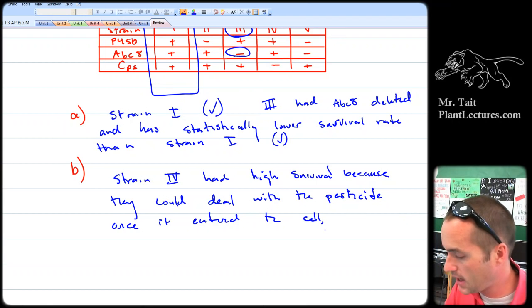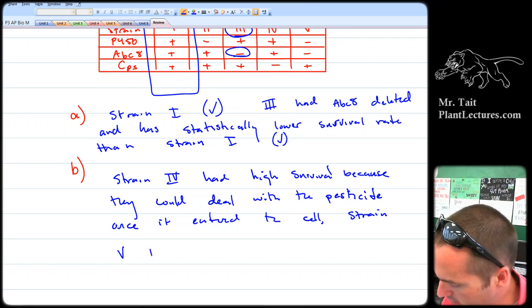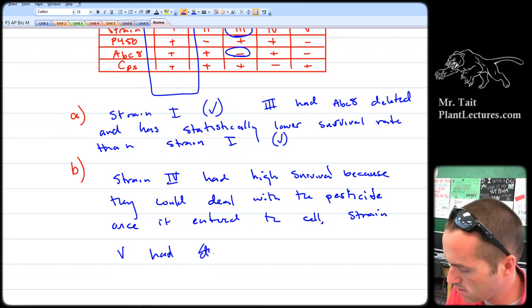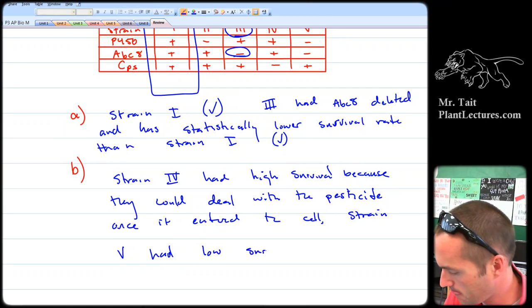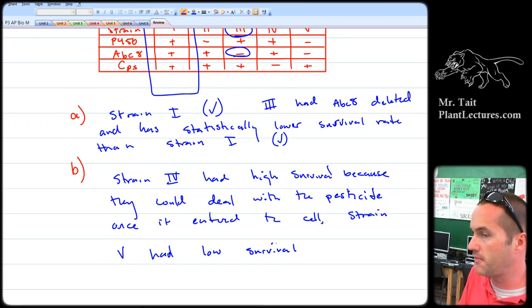And then strain 5 had low survival. Why did it have low survival? Because even though it prevented some of the pesticides from coming in, it didn't prevent all the pesticides, and it couldn't deal with it once they got in, right?